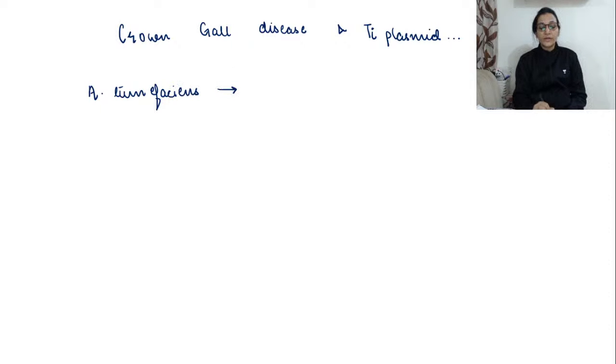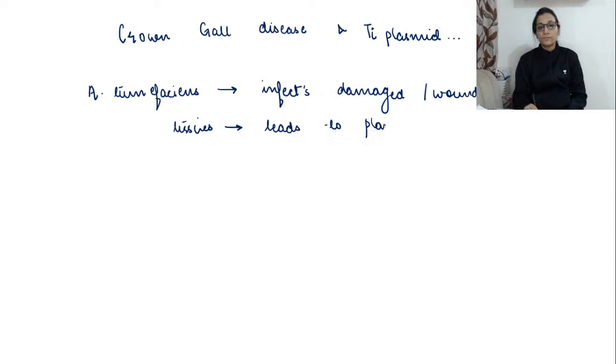It infects wounded and damaged plant tissues, and it leads to a plant tumor, and this plant tumor is called crown gall.